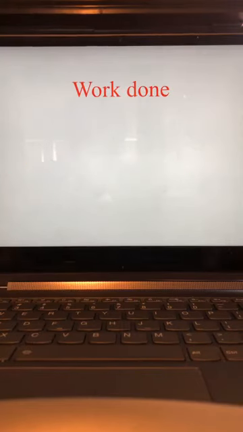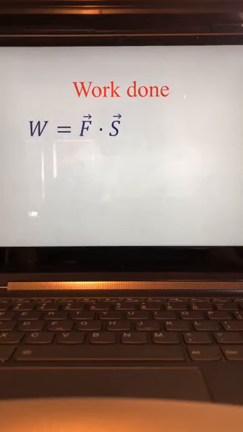Okay, then let's go to work done. Work done is defined as F dot s. I am introducing a new concept here, the dot product of two vectors. That dot is not an ordinary decimal point, it refers to the dot product or scalar product. So with F dot s, we are multiplying two vectors and the product is a scalar quantity.